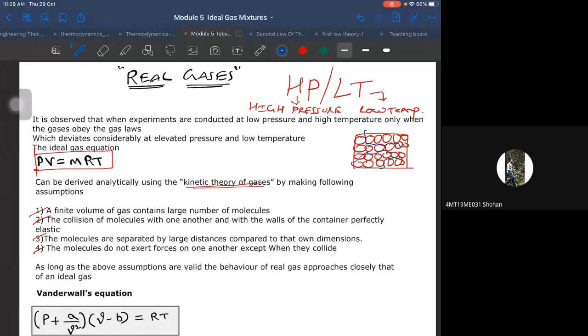That means these molecules may collide with each other like this, or they can collide with the wall like this. Both of these aspects of collision are assumed to be perfectly elastic. What is a perfectly elastic collision? Anyone knows about it?